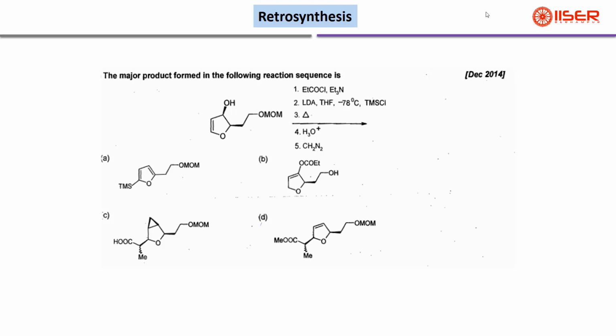The major product formed in the following reaction sequence. So if you add acyl chloride, then ethyl acyl chloride, there is an OH group, so this will be acylated.